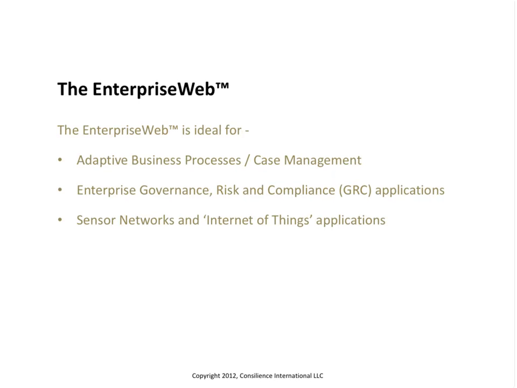The technology is ideal for knowledge work type applications that are highly human-centered. Sometimes that's referred to as adaptive business processes or adaptive case management. So the system is really good at working with processes that revolve around human discretion, human intervention, and events, so that people can control their processes, modify their processes in flight, and include and exclude certain capabilities and information to tailor the process to the specific requirements of their circumstances.